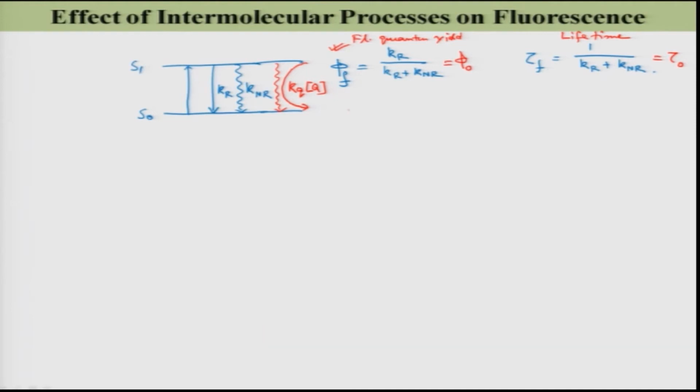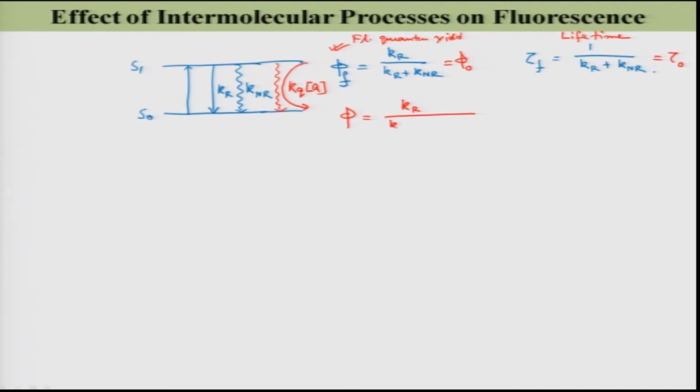If I want to write phi, I write k_r, because this is the only radiative process by which the photon is emitted, and all others, including this extra k_q into Q, are non-radiative.